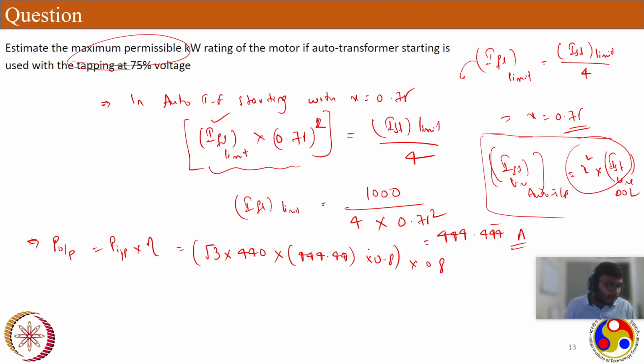Now, if you multiply this, how much are we getting? Root 3 times 440, 444.44 into 0.8 into 0.8. How much are you getting?